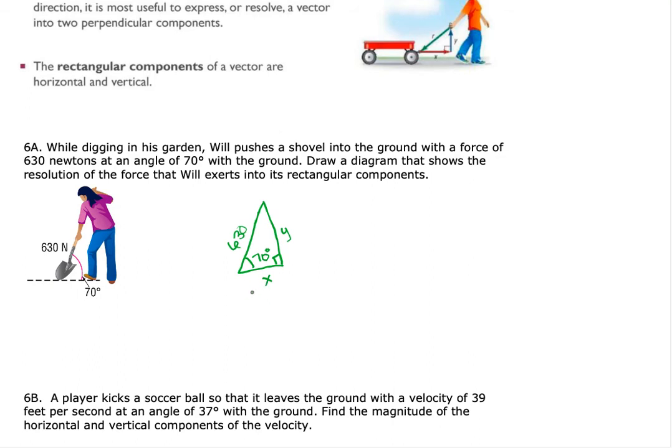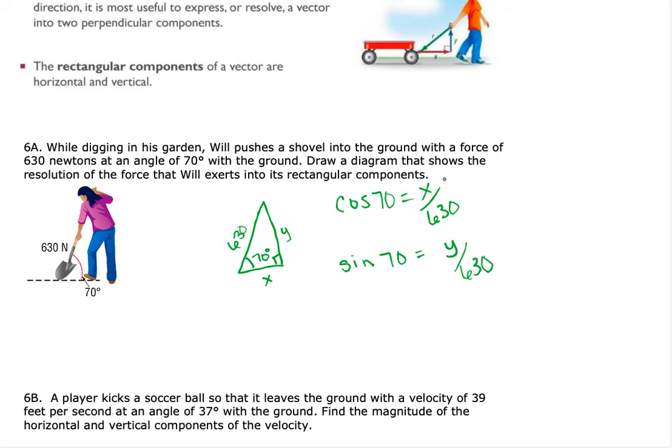We're just going to use some right triangle trig to figure out our vertical and horizontal components. I'll do the horizontal first. We have adjacent over hypotenuse, so we need cosine. Cosine of 70 equals x over 630. To get the vertical component, we have opposite over hypotenuse, so sine of 70 equals y over 630.